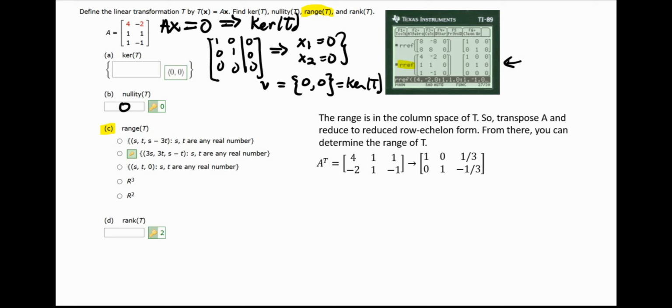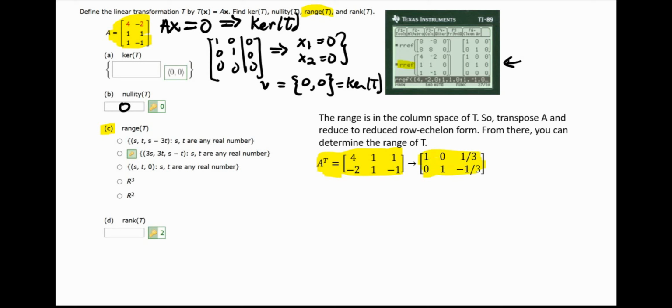So since the range is in the column space, we must convert the matrix to its column representation to be able to reduce row echelon on our graphing calculator. To do that, we just simply take the transpose. So you take the transpose of the matrix A, and this is what we get. And then from the transpose, we reduce to echelon form. Now, when you do that, then you have this reduction.